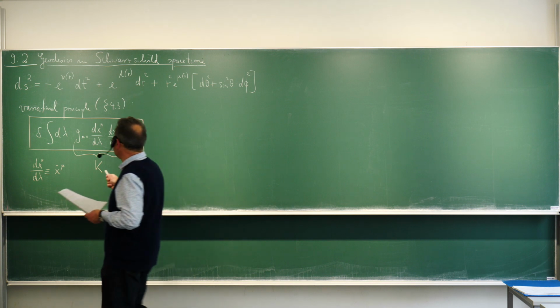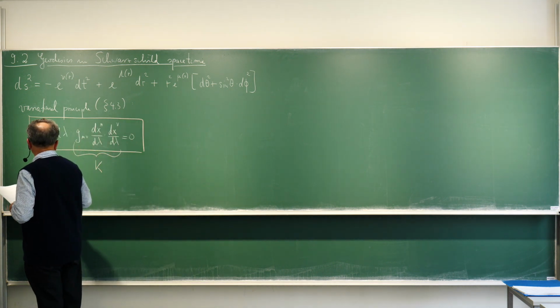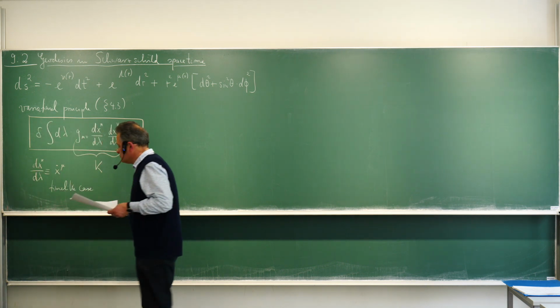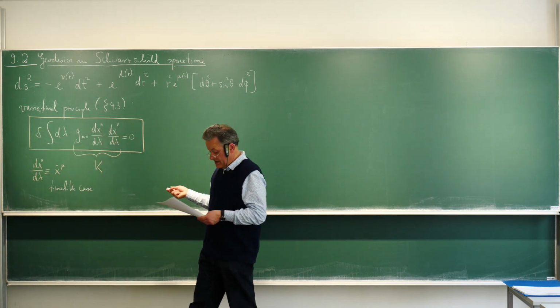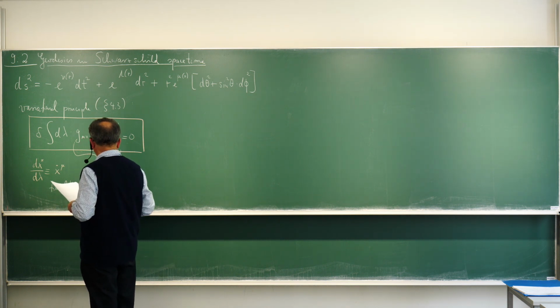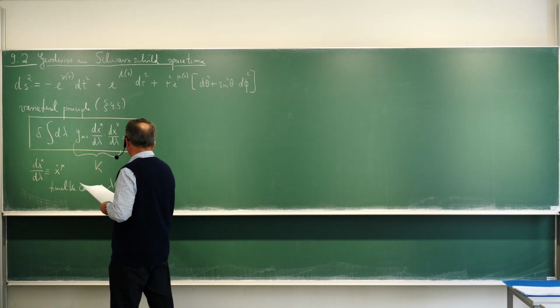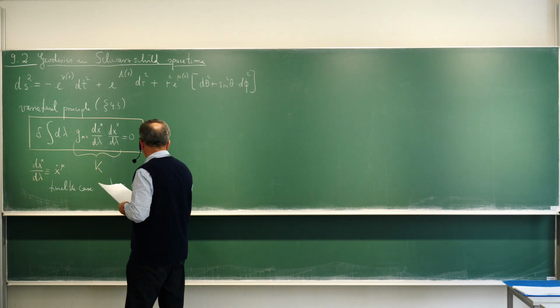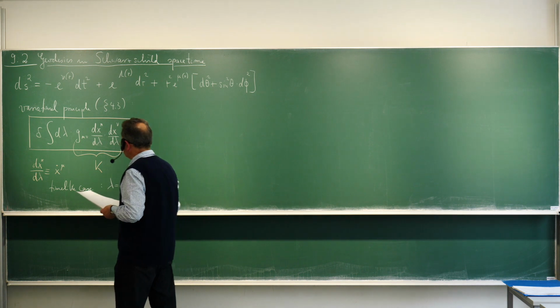If we have the time-like case, so massive test bodies, then lambda is equal to the proper time, s, and from there we have, of course, that this is normalized to -1. So this is a constant.